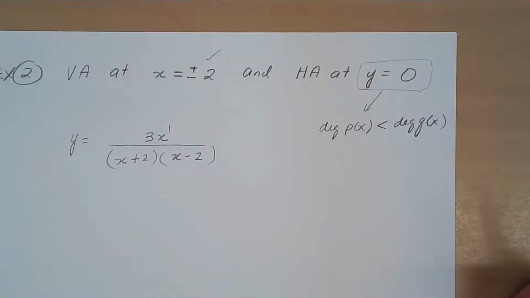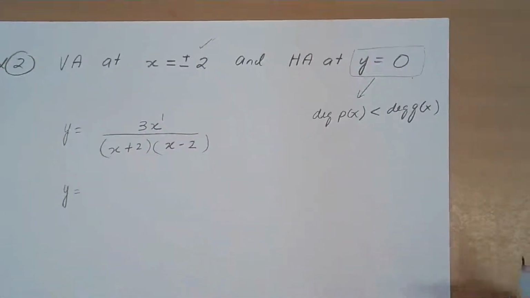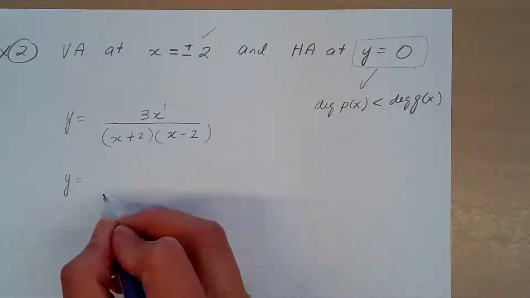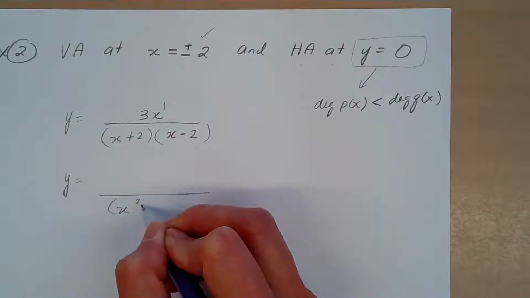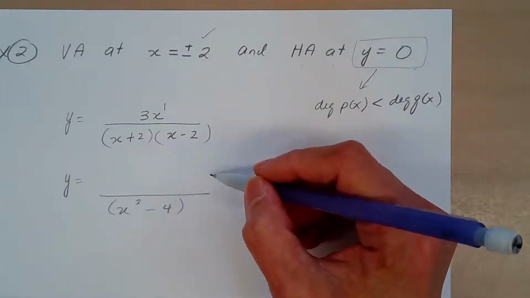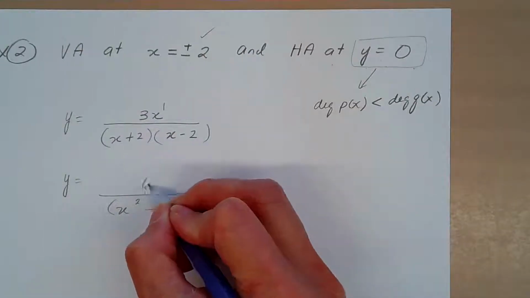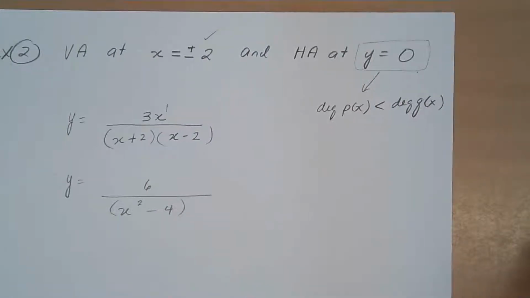What could be the possibility? This is lots. Could be 6, like any number, since the degree in the numerator is 0. Okay, 6. Anything else?